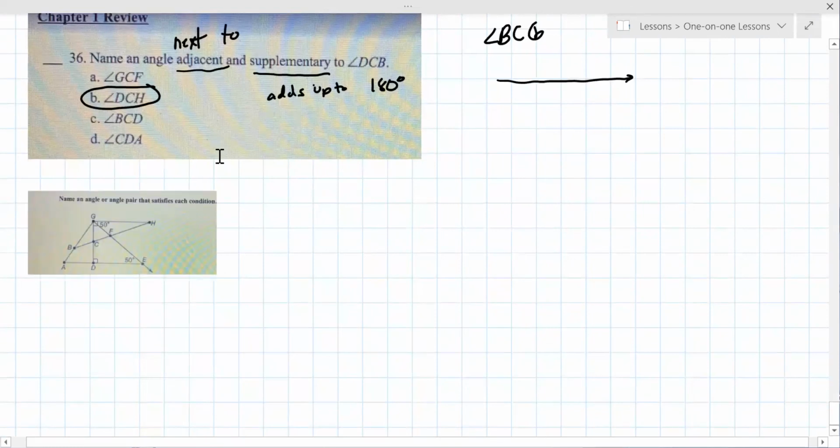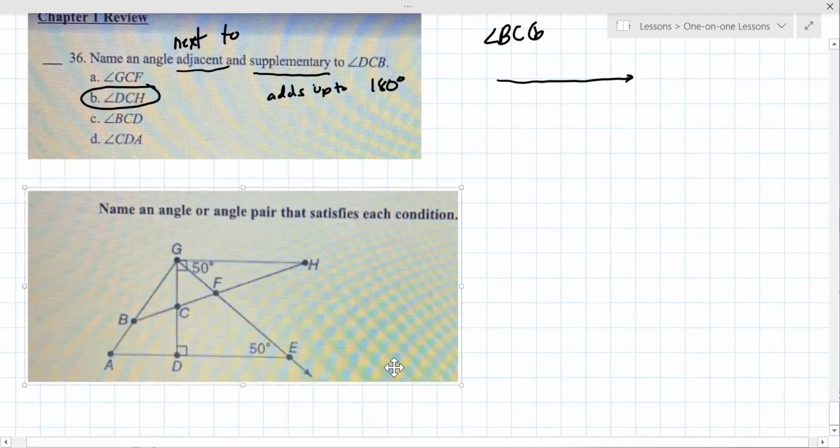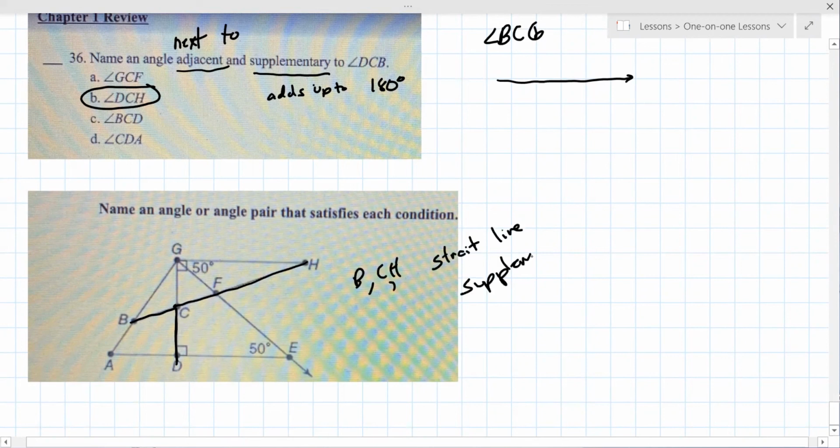So we have angle D, C, B, this angle right here, and then D to C to H is this one right here. Do you see how B, C, H are on a straight line? So that's how you know that they are supplementary.